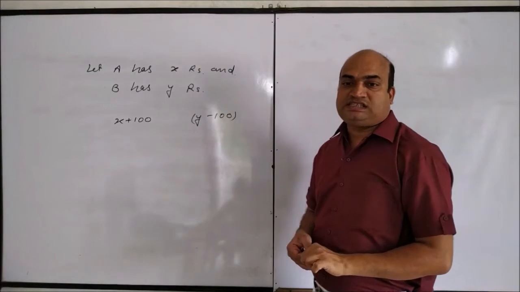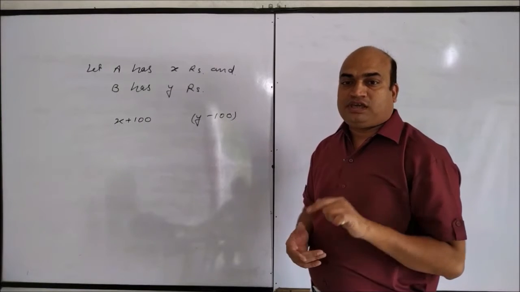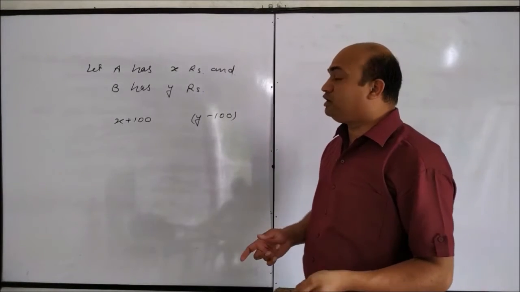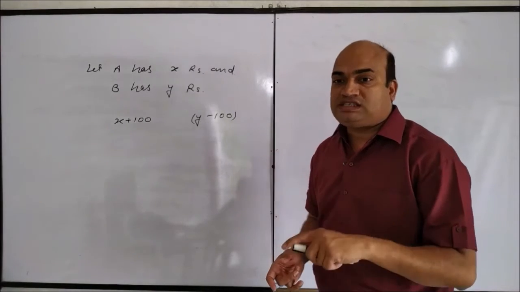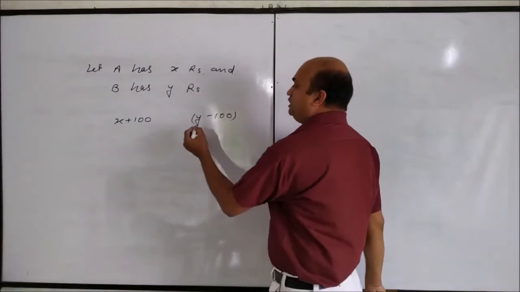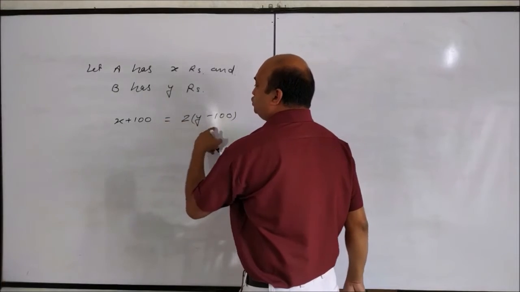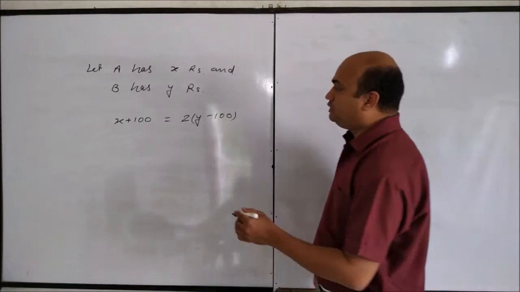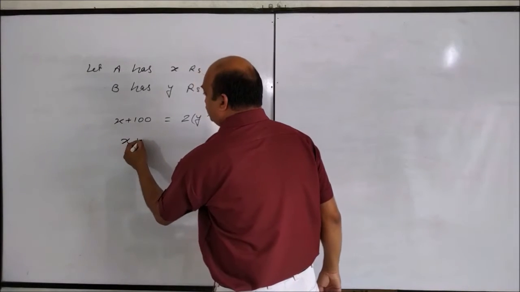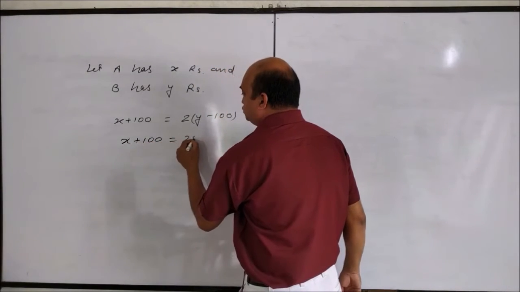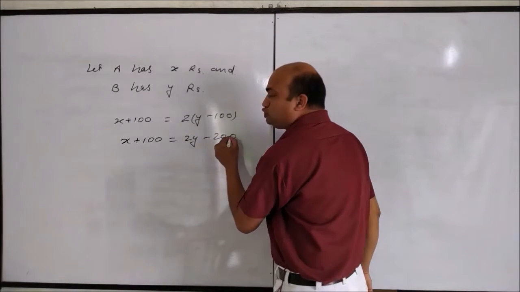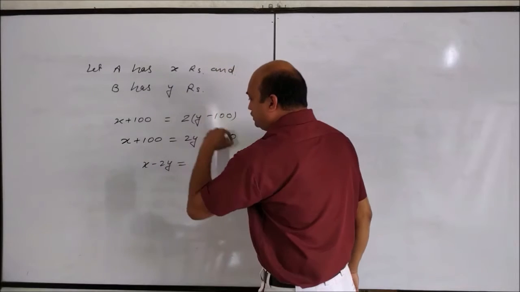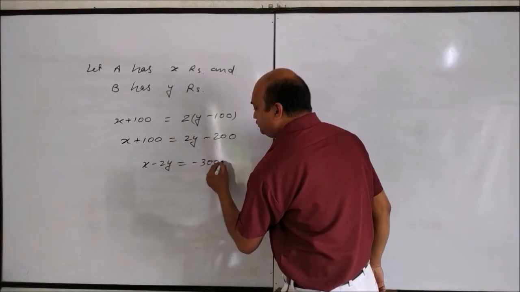Now, the question says that if B gives 100 rupees to A, then A will become twice as rich as B. So multiply by 2 to B's amount, then the two become equal. That will be x plus 100 is equal to 2y minus 200, or x minus 2y is equal to minus 300.